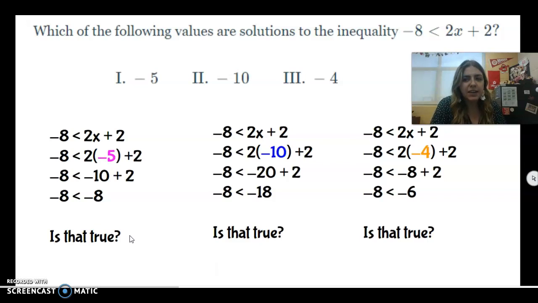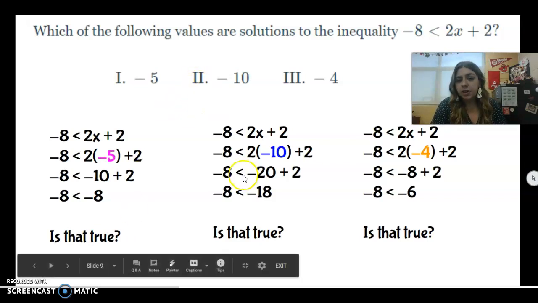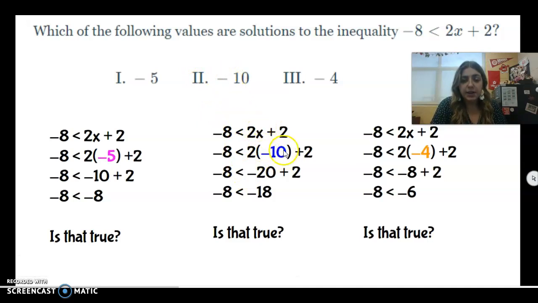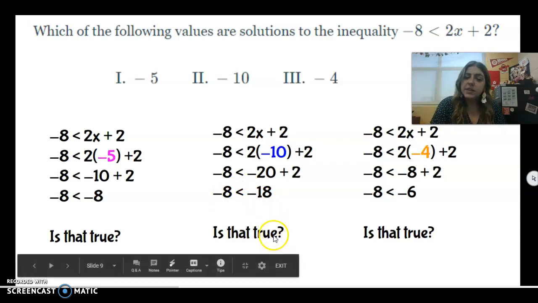Is -8 less than -8? Then I look at number 2. This number was -10. So instead of writing x, I put a -10 there. 2 times -10 is -20, plus 2 is -18. So I'm left with negative 8 is less than negative 18. And again, I ask myself, is that true?